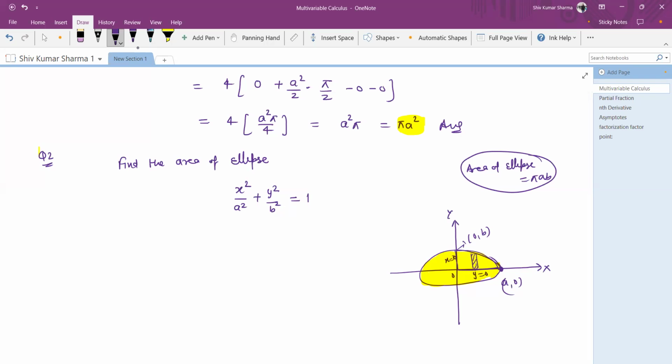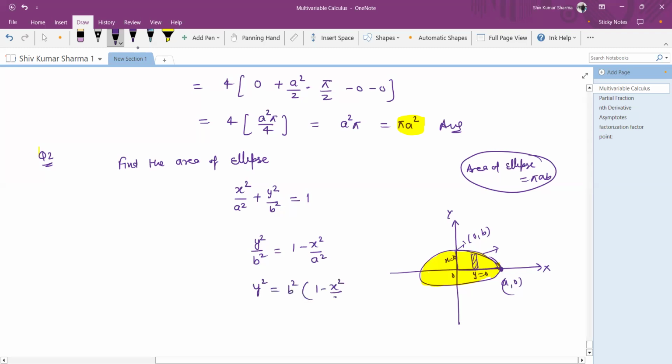So what are the limits of y? When we solve this, it gives us y square upon b square is equal to 1 minus x square upon a square. So you can write y square is equal to b square into 1 minus x square upon a square. This can be written as b square into a square minus x square upon a square.